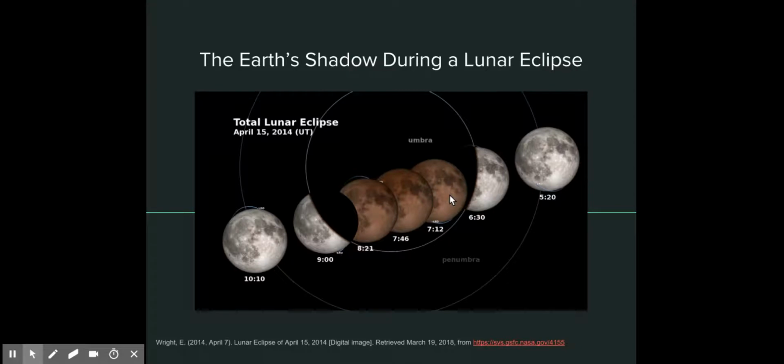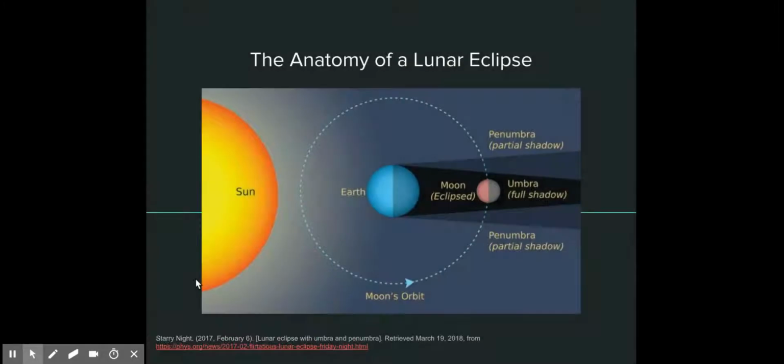Sometimes this is called a blood moon. Then the Earth's shadow will continue to pass over, just like it does when the moon does during a solar eclipse. So what does a lunar eclipse look like? Well, in a lunar eclipse, we have the sun, the Earth, and then the moon.